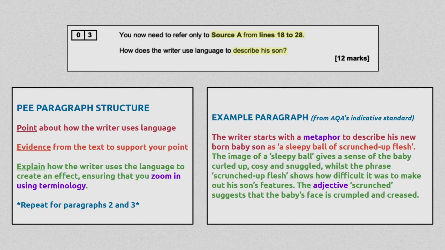So as I said earlier, that is the most important part. What is it that the language actually tells us? What do we learn? And of course, there are a couple examples there of subject terminology, which has been identified as a metaphor, and then when we've zoomed in even further, an adjective. What you would then go on to do is follow the same structure for your second and your third paragraph to write a complete response.